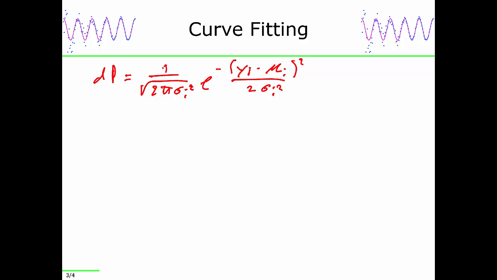So dP, the probability density for a particular y value, yi, if it's normally distributed, is this probability density function, right? And what is mu sub i in this case?